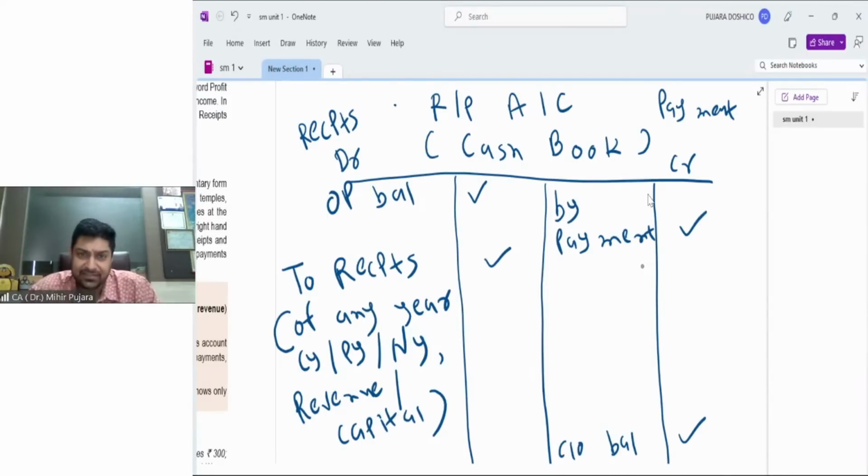So all receipts, and the same rule applies here for payments: any year and all nature.